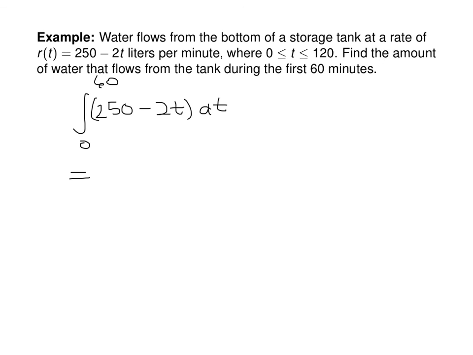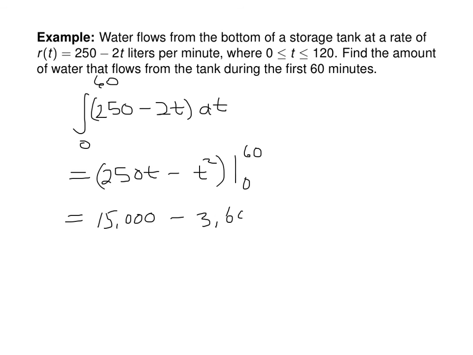So 250's antiderivative is 250t minus t squared from 0 to 60, which is 15,000 minus 3,600, or 11,400 liters.